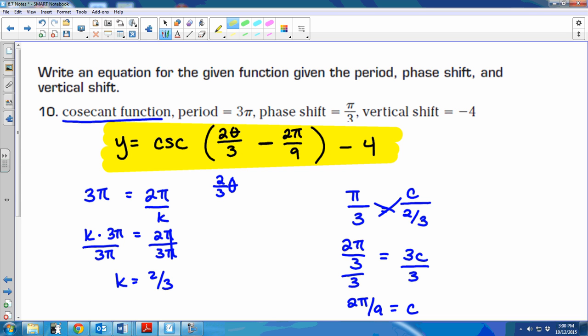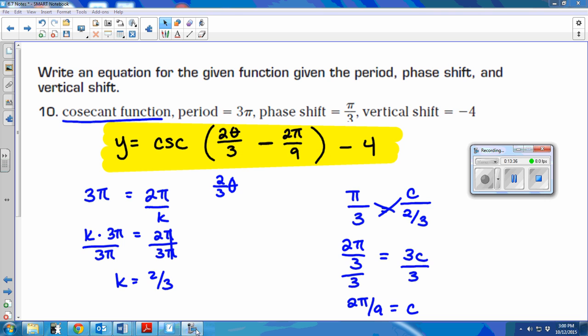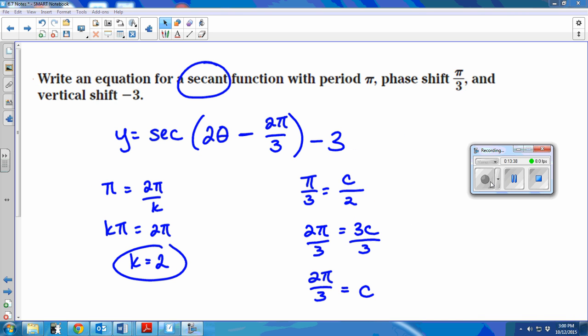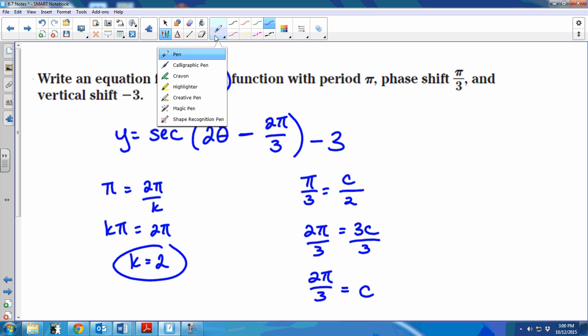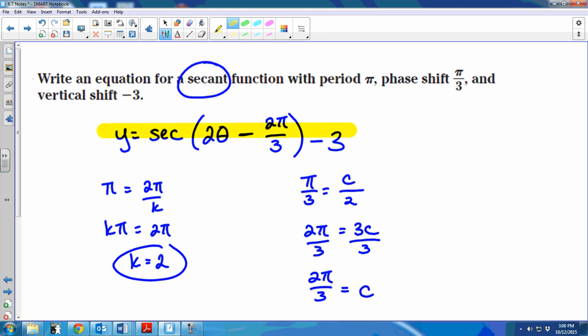All right, I'm going to have you do the next one, and then I'll let you start working. So here we have the final equation for the secant function. Pi equals 2 pi over k, so k is 2, so you have 2 theta.